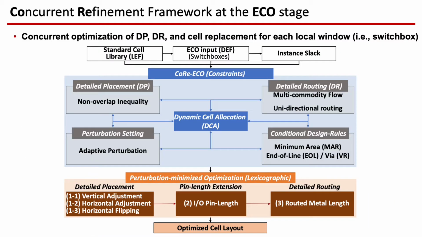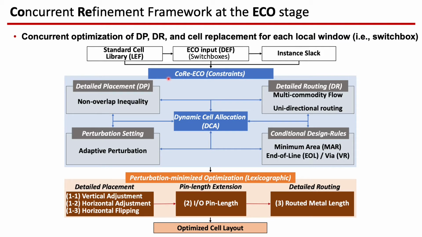To tackle the current challenge, we propose Core ECO, a concurrent refinement framework which simultaneously performs incremental detailed placement and detailed routing along with cell replacement at the ECO stage. This is the overview of our proposed Core ECO framework.